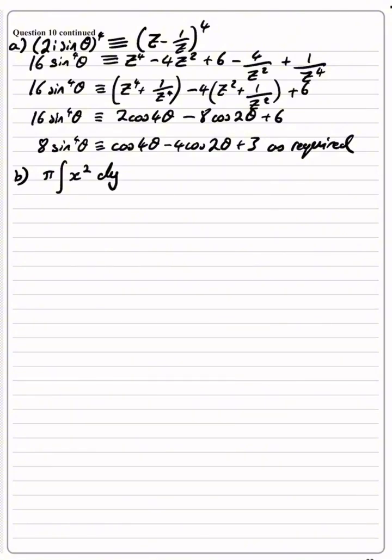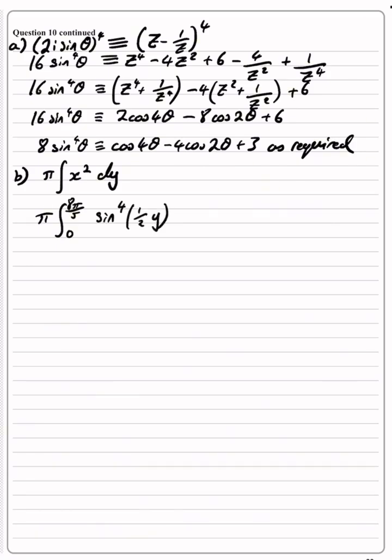We know that x is equal to sine squared of a half y. So we are going to be integrating between 0 and 8 pi over 5.